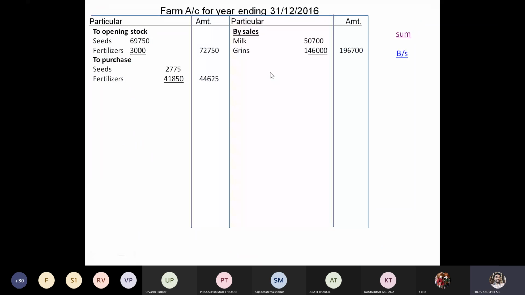Milk and grain. Correct the spelling of grain, G-R-A-I-N-S. So total of both sales of milk and grain, 1,96,700. It is the main income of the farm.